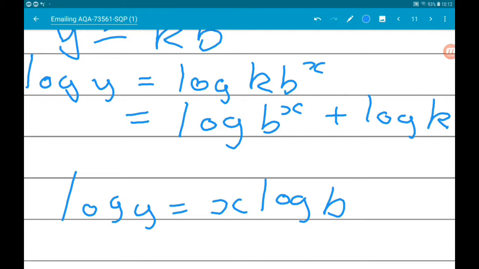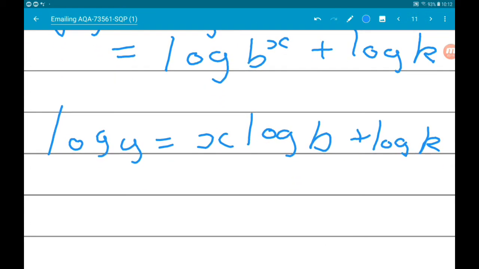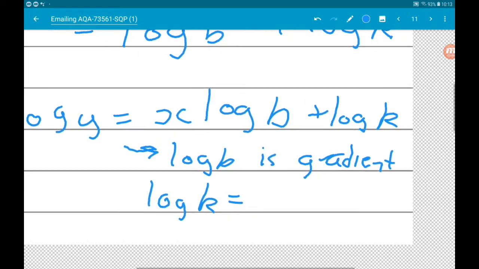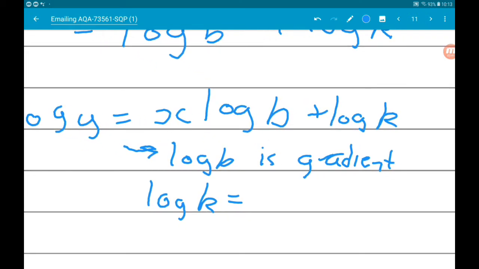So we've got x log b, add log k. So, if we compare this now to mx plus c, log b is the gradient and log k is the log y intercept.